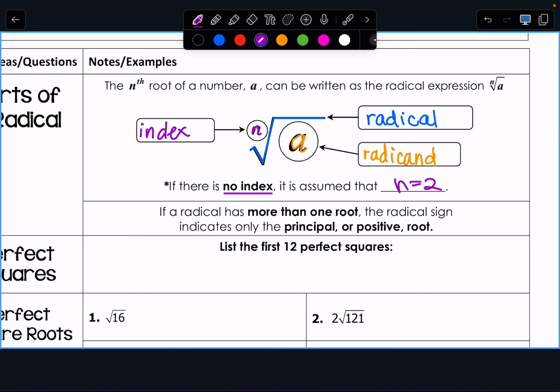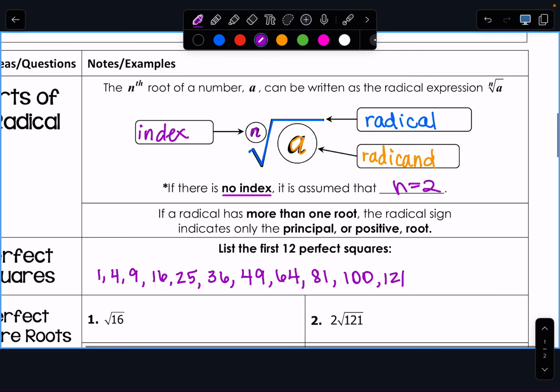Now, let's list off the first 12 perfect squares. I'll start. 1, 4. Yell out the next one. 9, 16, 25, 36, 49, 64, 81, 100, 121, and 144.